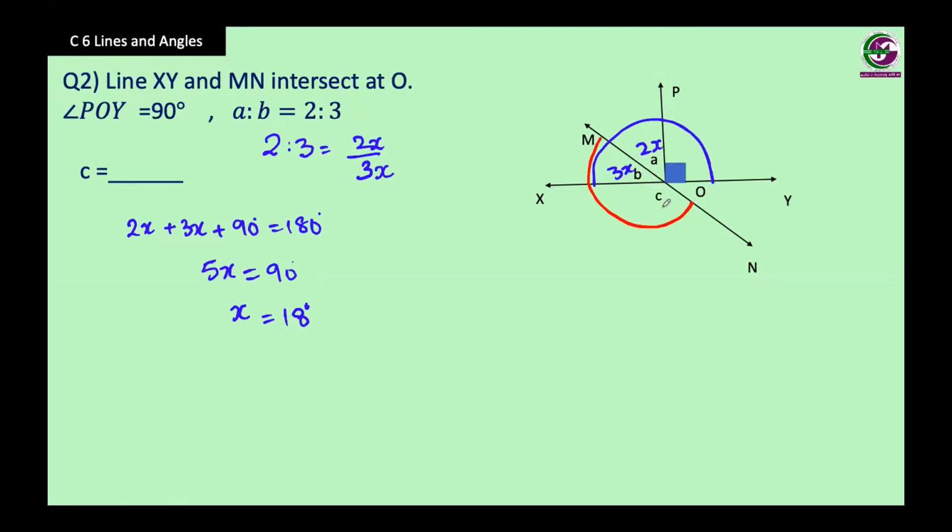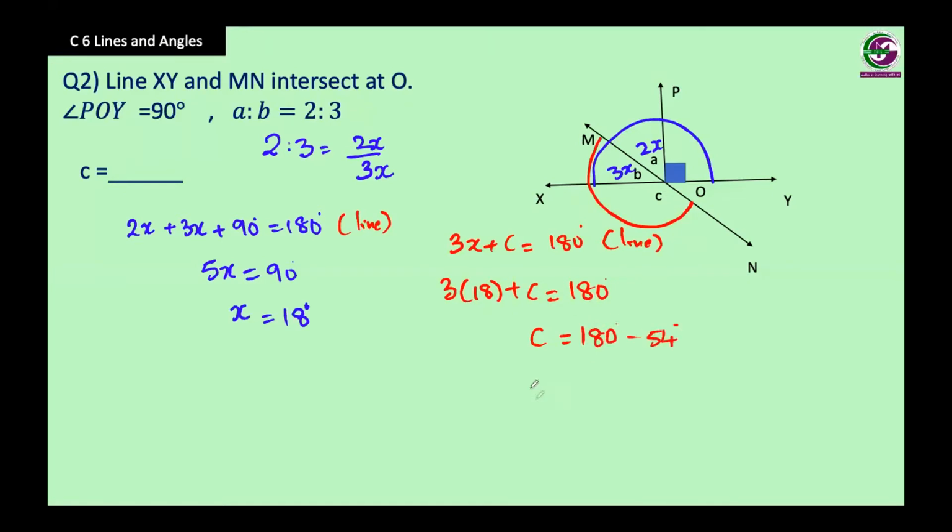We have angle B and angle C together is forming the line MON, which is 3x plus C is equal to 180 degree, because that is also on a line. Now we know that x is 18 degrees, so we replace x by 18 degree plus C is equal to 180 degree. Now 3 times 18 is 54, and when you move to the other side it will be 180 degree minus 54 degree. So we get the answer C is equal to 126 degree. Great. Let's move on to question 3.